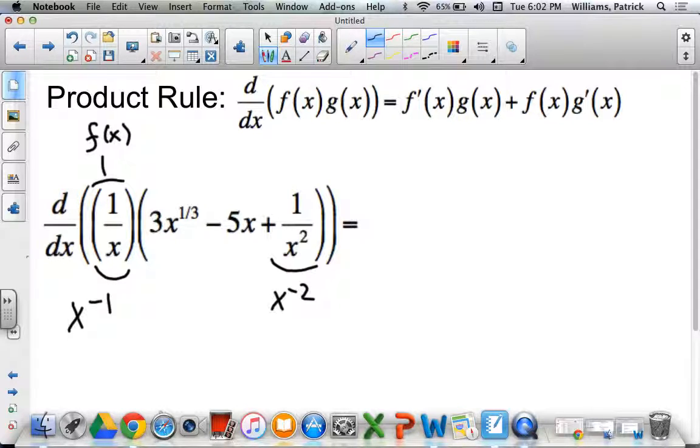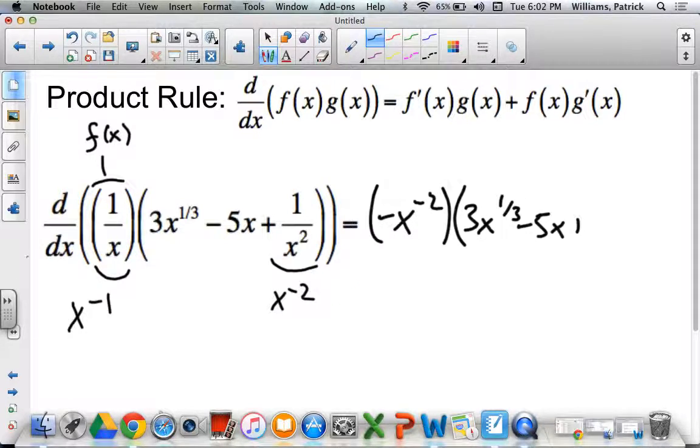Alright, so if we go through and solve this, we're just going to get the derivative of the first, negative x to the negative 2, multiplied by the second, 3x to the 1/3 minus 5x plus x to the negative 2.